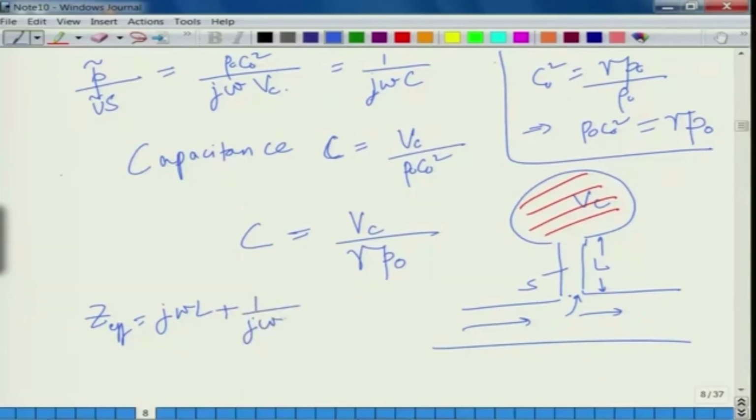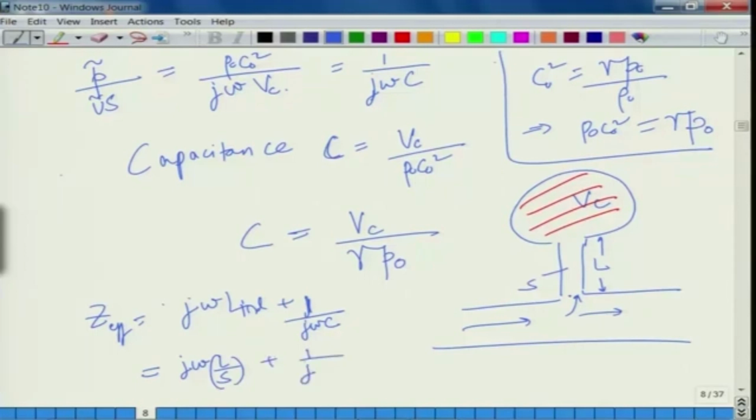So, you will get something like this: j omega L, the inductance, plus 1 divided by j omega C, the capacitance. This is as simple as writing j omega L by S plus 1 by j omega times V c divided by gamma times P naught.